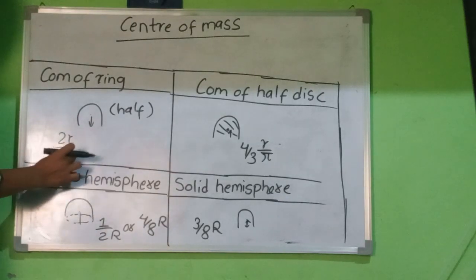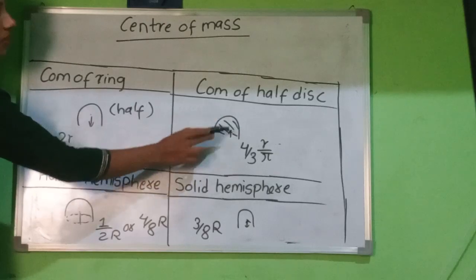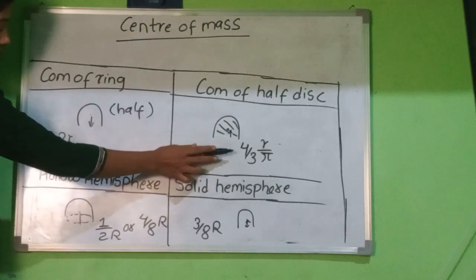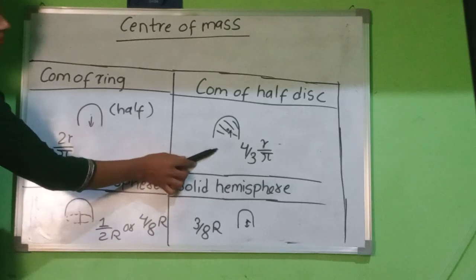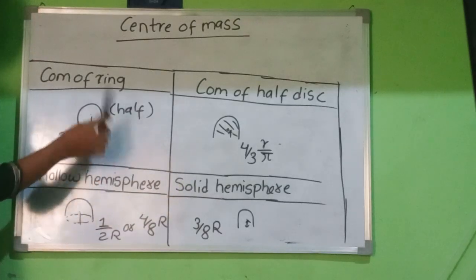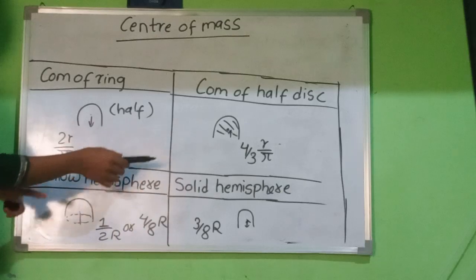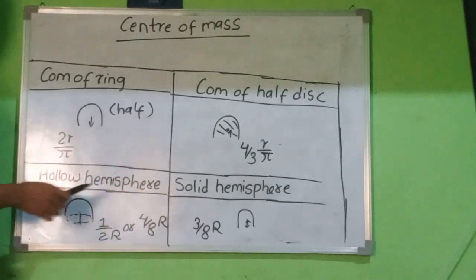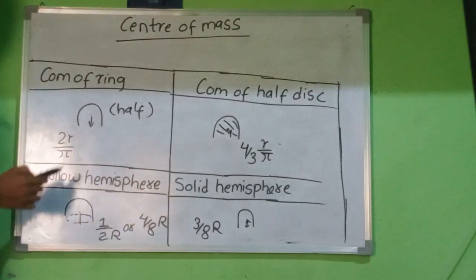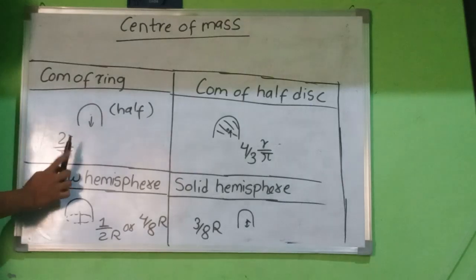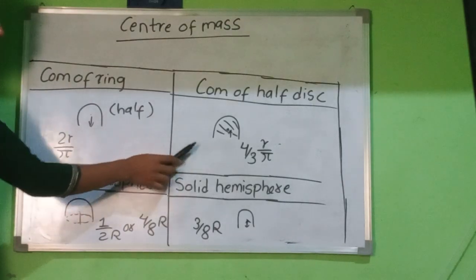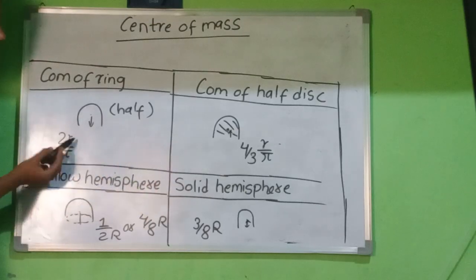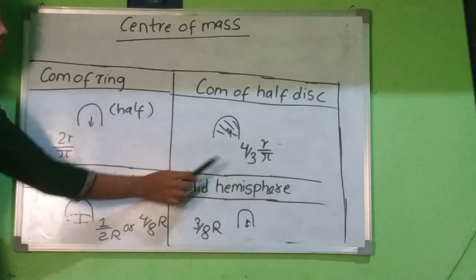Here r by pi is as it is. For the half disc, there is 4 by 3, which gives a lower center of mass. The half ring has a higher center of mass in comparison to the half disc. To remember, r by pi is as it is in both half disc and half ring. Here is 2 and here is 4 by 3.